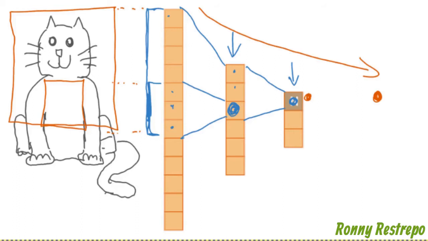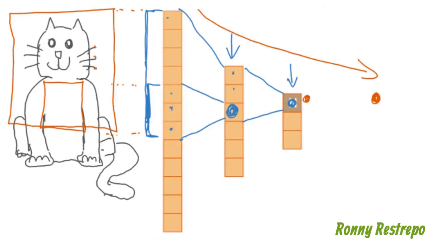However, as we start to gain more information about what's going on globally in the image, we do start to lose some spatial information. We start to lose some of the very fine-grained details about where specific things are located within the image. For the segmentation task, we wish to preserve both forms of information.